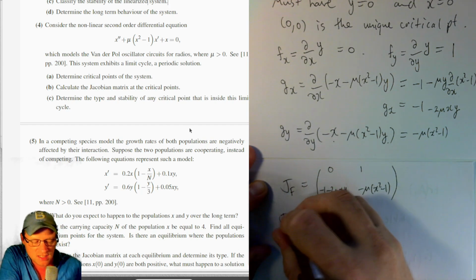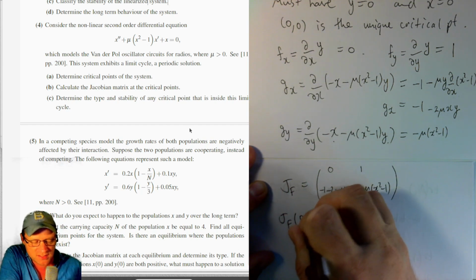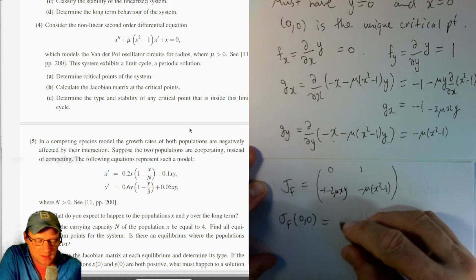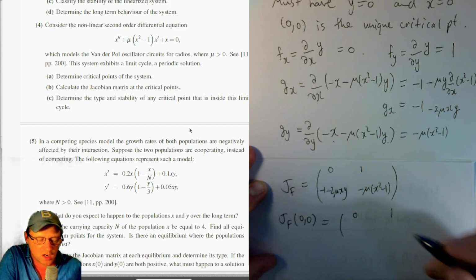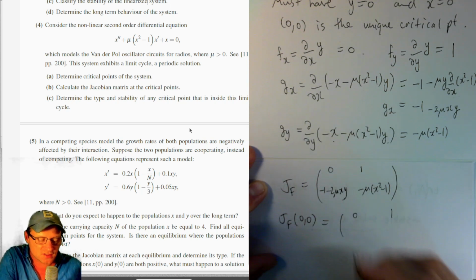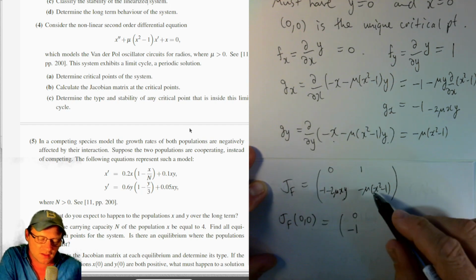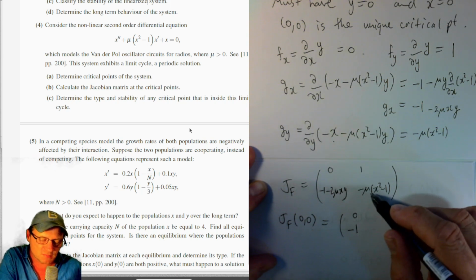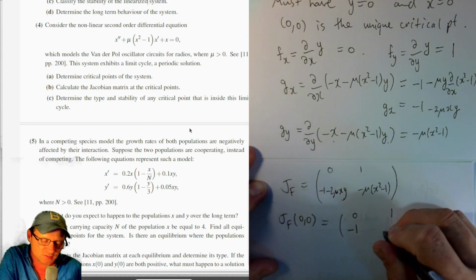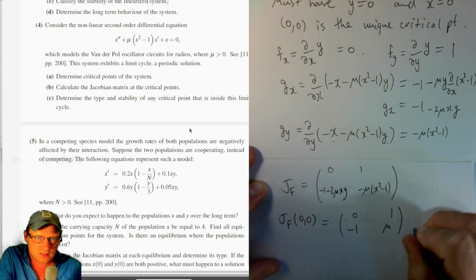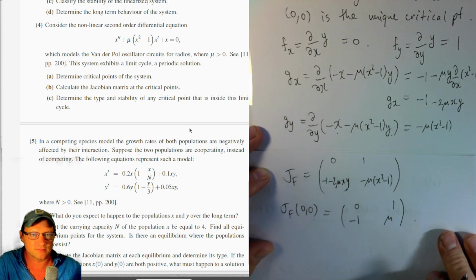Okay, now let's sub in our only critical point, 0, 0, in for x and y. And so we have 0, 1, 0 there, so that's minus 1 down here. And then we have minus mu times minus 1 is plus mu. So there's our Jacobian matrix.